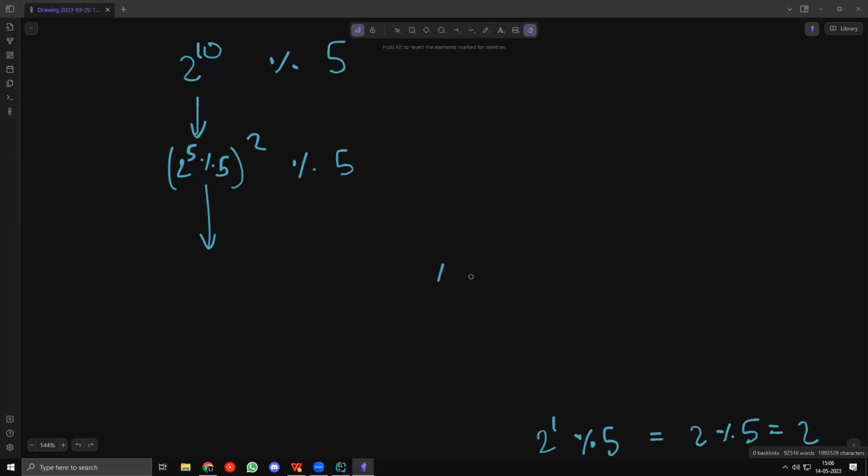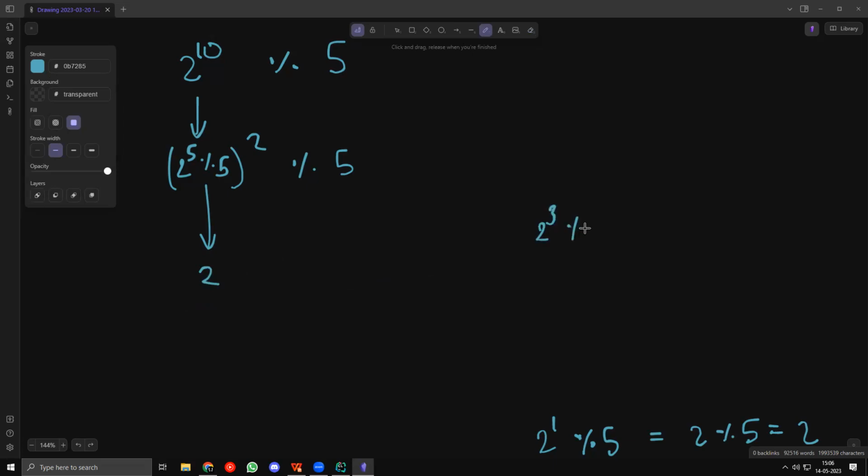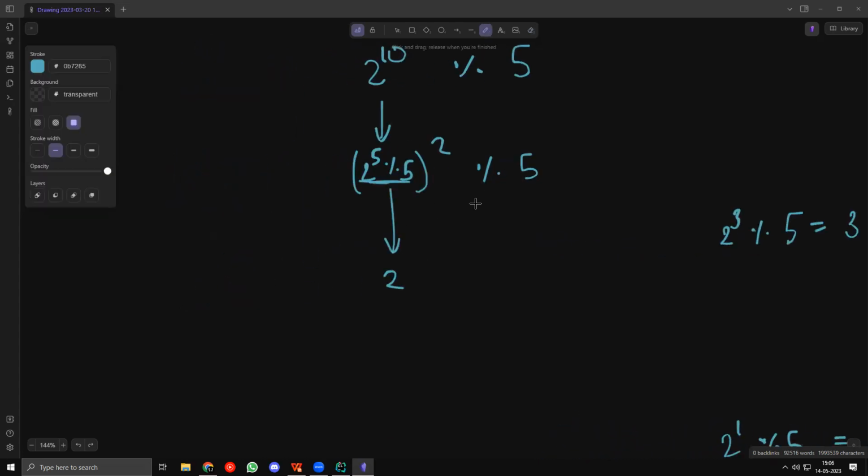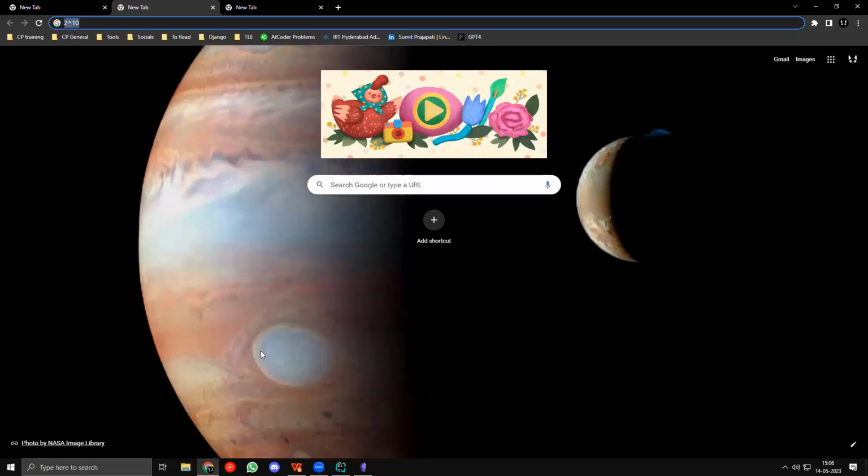So for one second I was confused because if I take 2 to the power of 3 modulo 5, this won't be equal to 2. This will be equal to 3, right? 8 modulo 5 is 3. But I made a mistake. I was actually calculating 2 to the power of 5. So that's my bad.